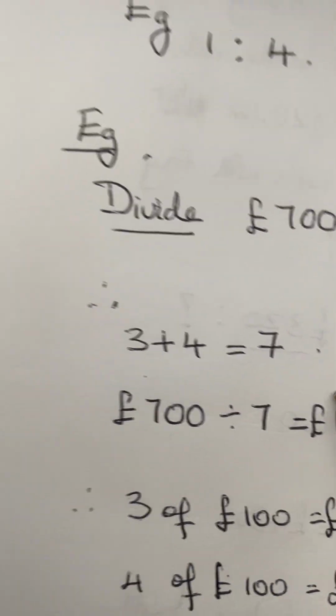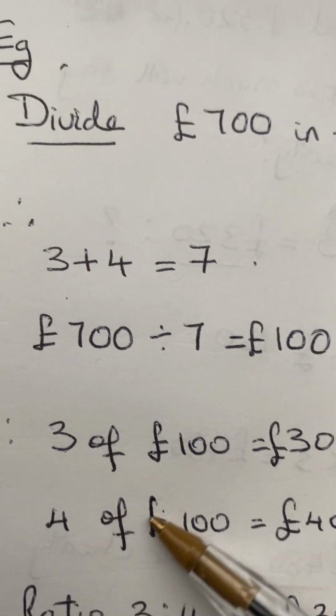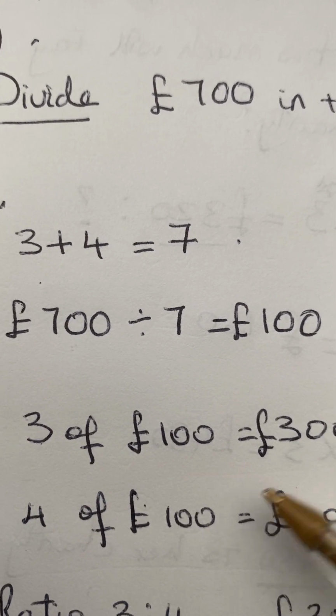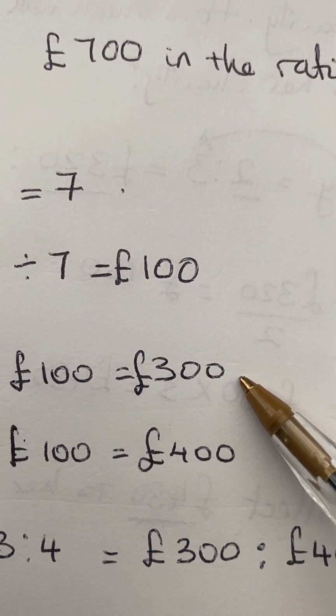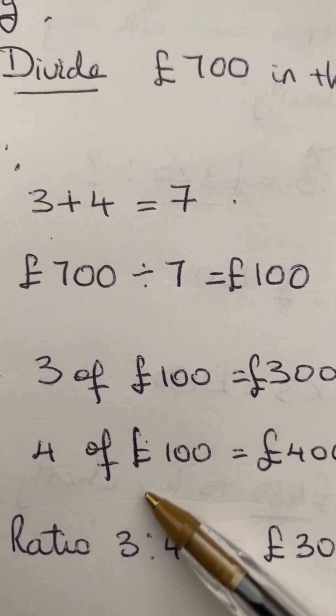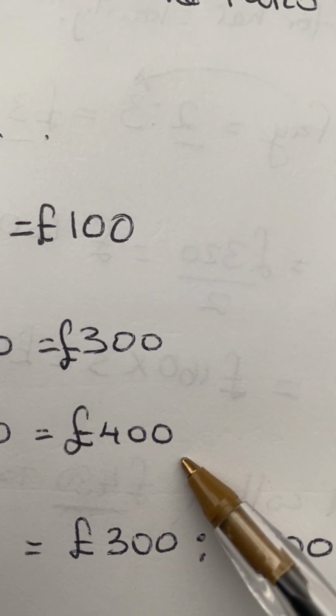Okay, so now 3 portions of 100 will give you £300. 4 portions of 100 will give you £400.